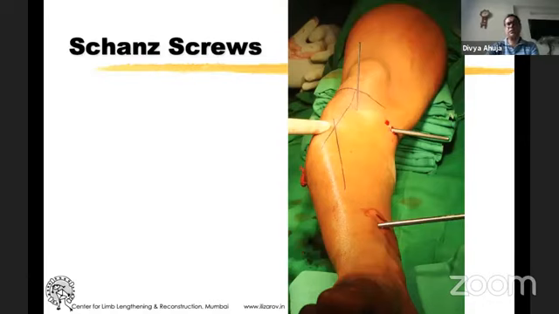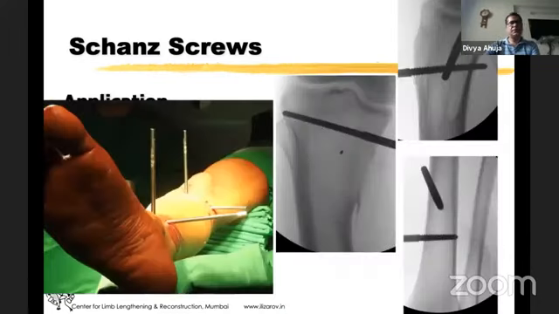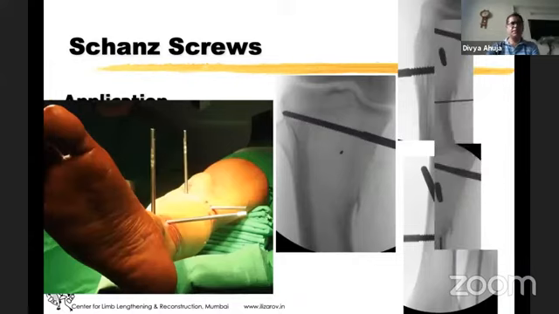The Schanz screws we wanted to use as polar screws, also as a sort of standby in case we need to use a fixator to hold the correction while we pass the nail. So showing the perpendicular Schanz screws there on the left image.